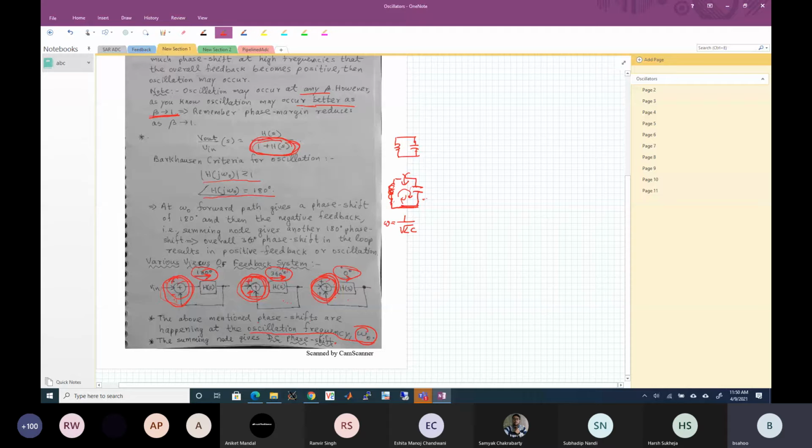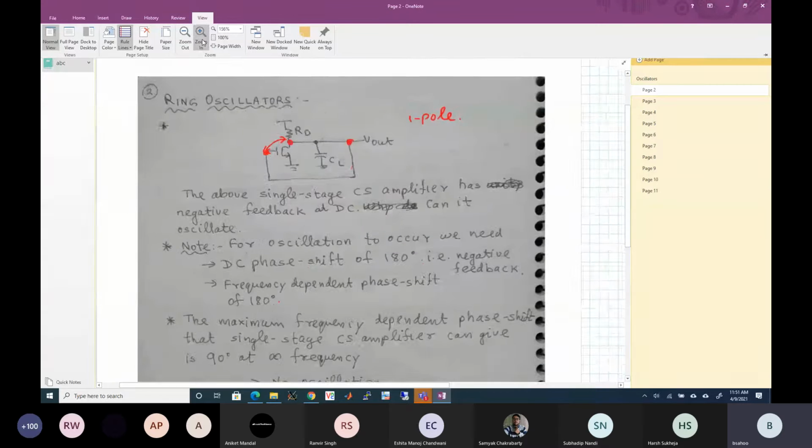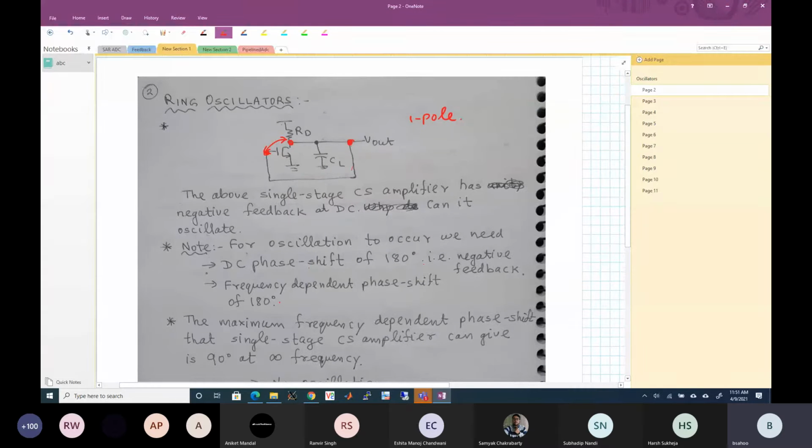Now for the common source, for oscillation to occur, we need a DC phase shift of 180 degrees, that is negative feedback, which we have. But a frequency dependent phase shift of 180 degrees is also required, which we do not have here.